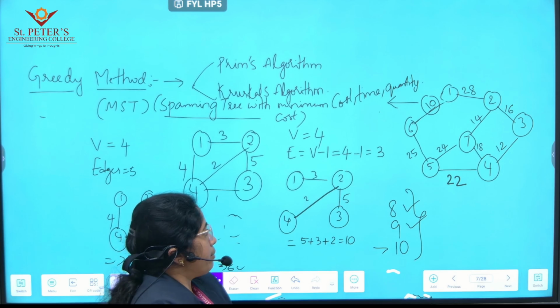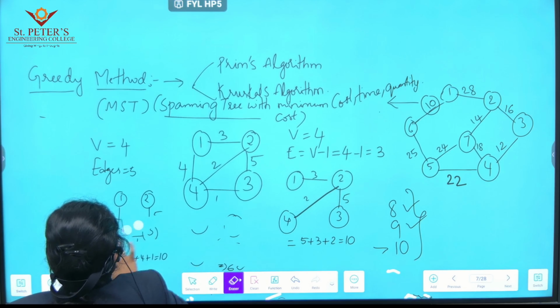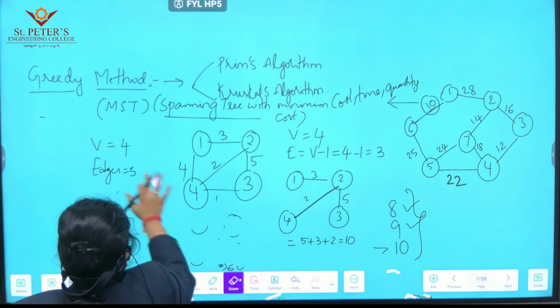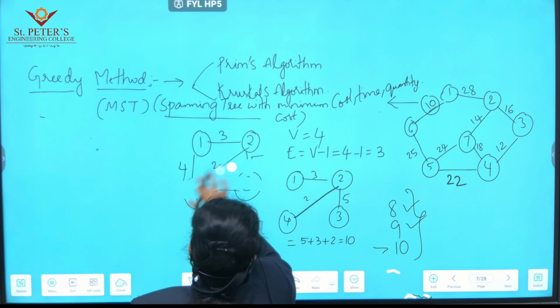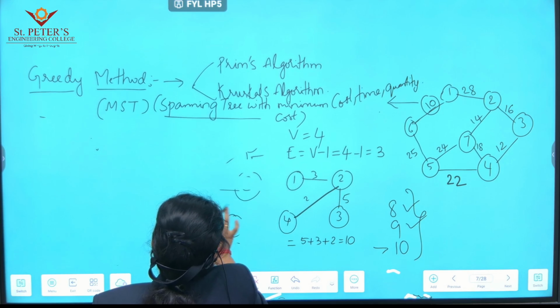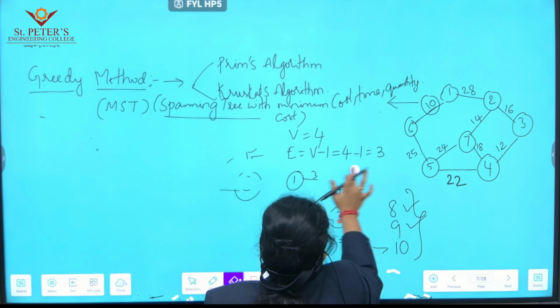Now I am going to explain in detail what Prim's algorithm and Kruskal's algorithm are. If you know the method to draw a spanning tree, it is very easy to draw with Kruskal's and Prim's algorithm also.